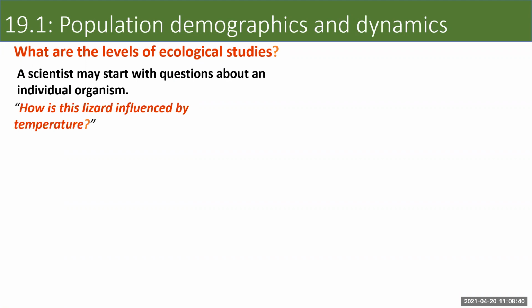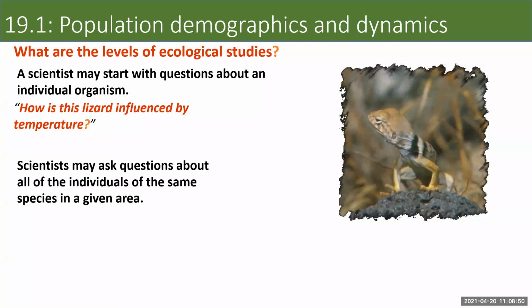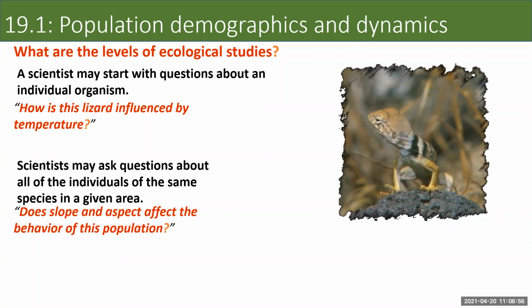So maybe, how is a lizard influenced by temperature? So how is this lizard influenced by temperature? Okay. Or we could say all of the individuals of a given species. Right. So let's look at a population level question. So does slope affect the behavior of this population? Or slope and aspect, I should say.